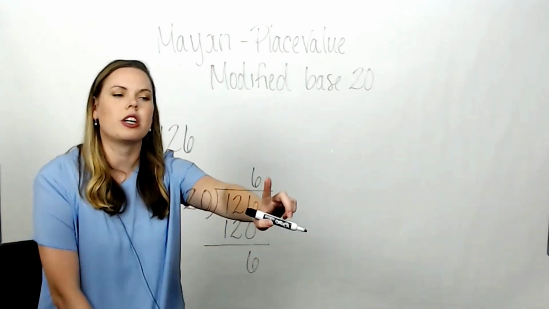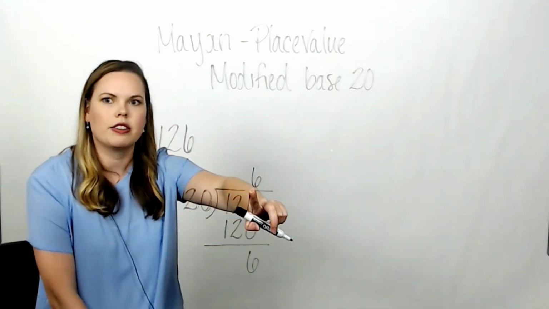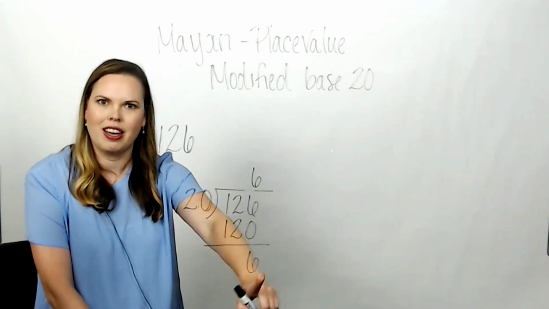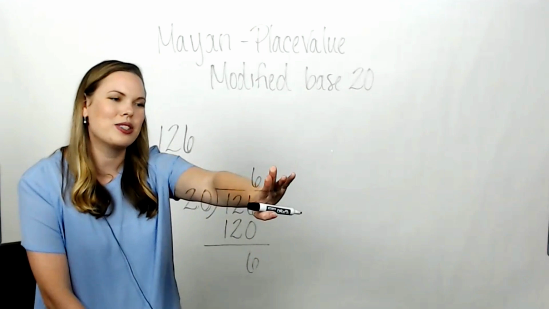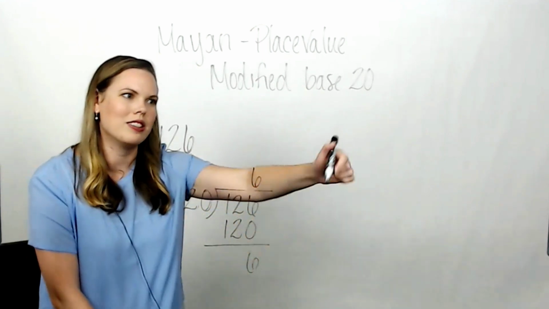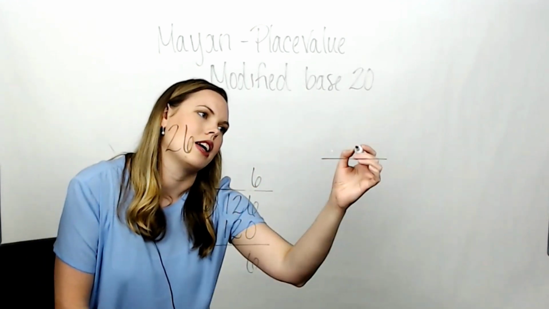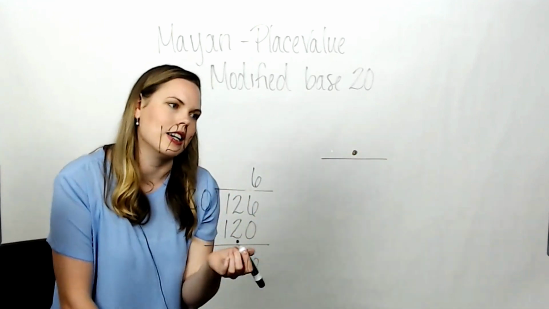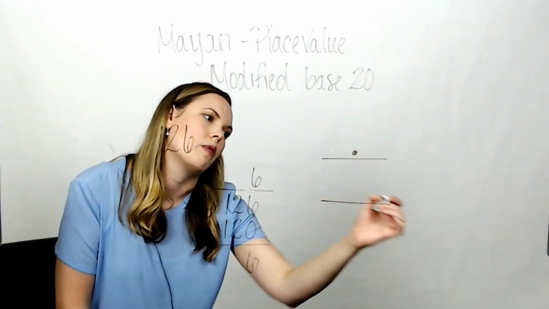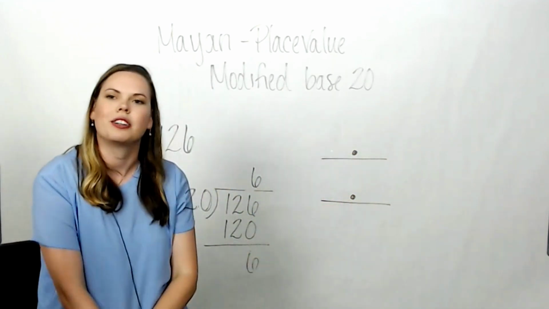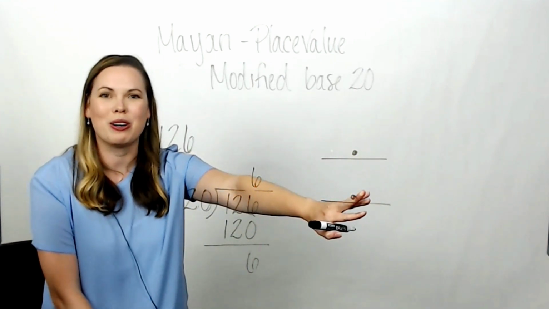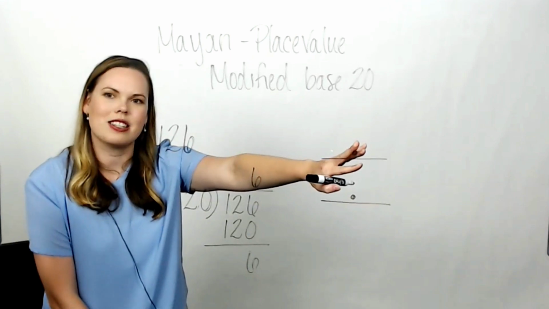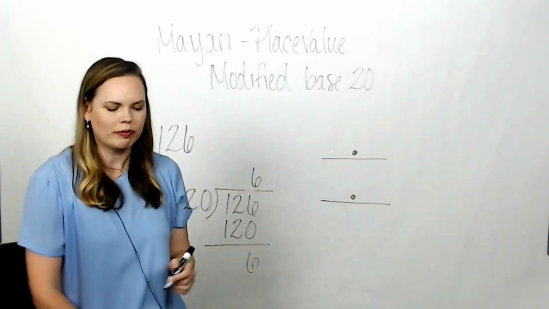So we have 6 20s and 6 1s. We would write 6 in our 20s place, and another 6 in our 1s place. So this would be 6 times 1, or 20 to the 0 power, which is 1, plus 6 times 20. Let's do one more.